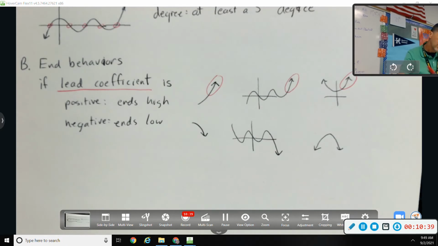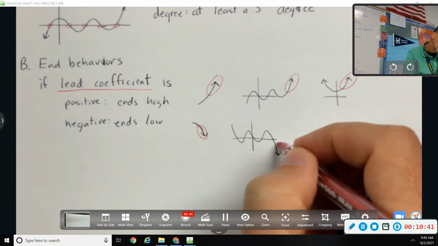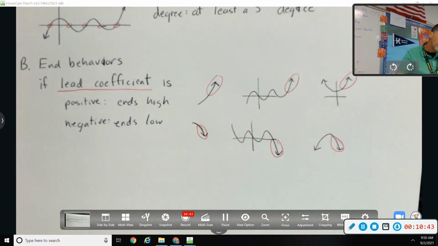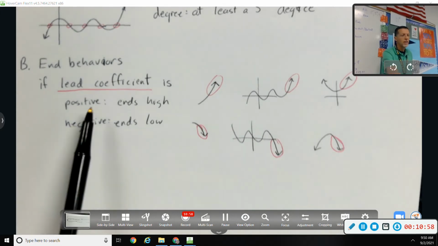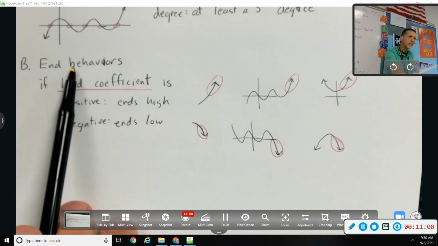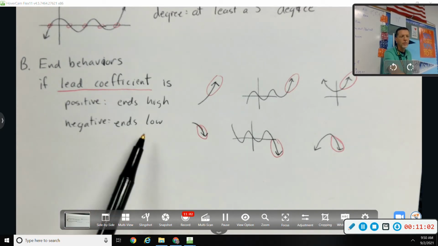So it's not that specific. It only tells us what's happening at the right end. If the lead coefficient is negative, it goes down on the right end. Again, there could be a whole variety of things going on the rest of the way. So this only tells us what's going on at the right end.